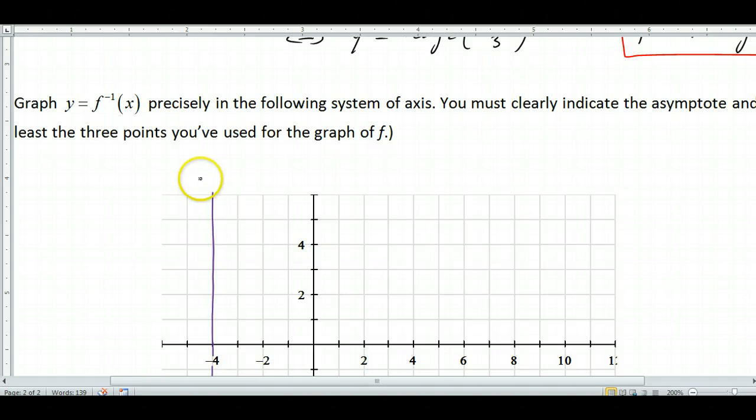Okay, that's what the asymptote becomes. A horizontal line becomes a vertical line.